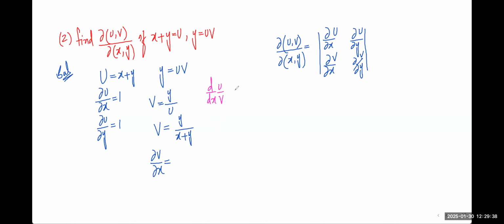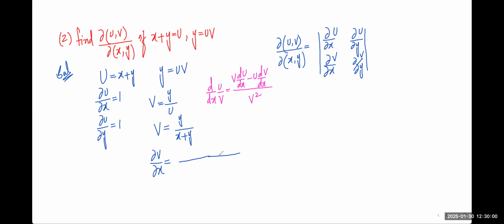This is an important formula, it is there in the intermediate syllabus also. It is v squared in the denominator, with v d by dx of u minus u d by dx of v in the numerator. So let us simplify this one.